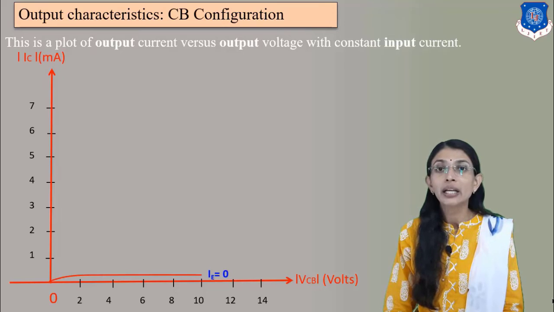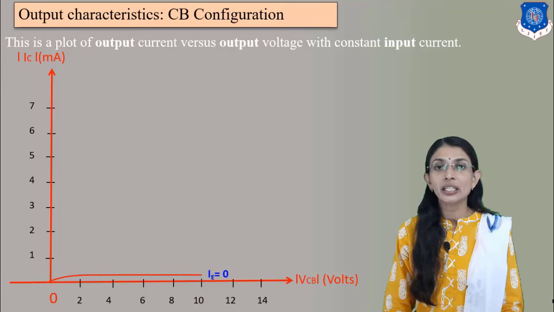If I consider IE equal to 0, even then a very small current flows through the circuit at the output. Why? Because of minority charge carriers. If input current is 0, even as we increase the VCB, we get a small output current, and it is due to the minority charge carriers.